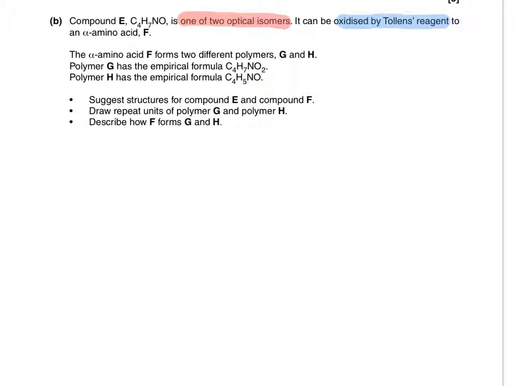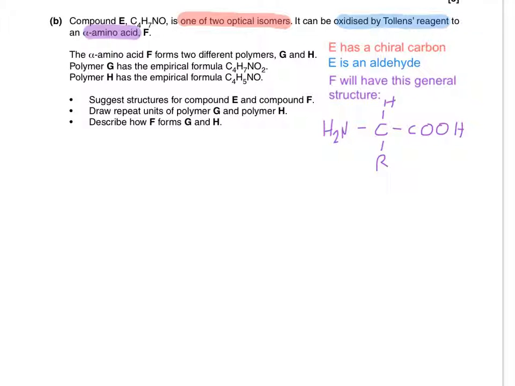And it can be oxidized to an amino acid. The reason I colour-coded those three pieces of information is so I can put down the side what each of them actually means and how you can use that to deduce a little bit about what to put. Each specific piece of information in that sentence actually tells you quite a lot. So you can use those pieces of information to work on what you think compound E might be.